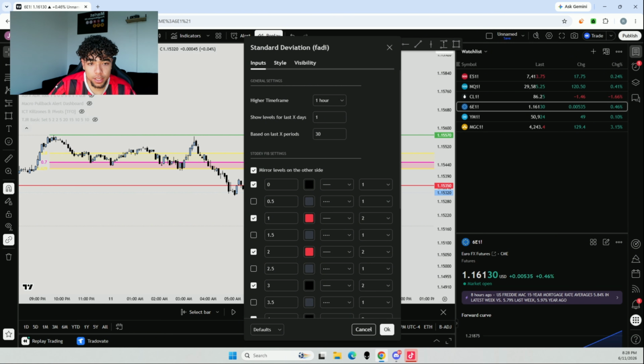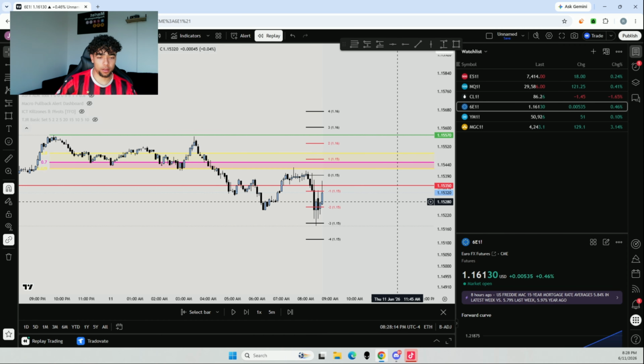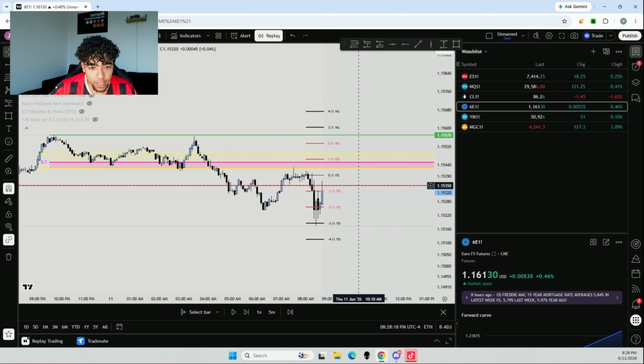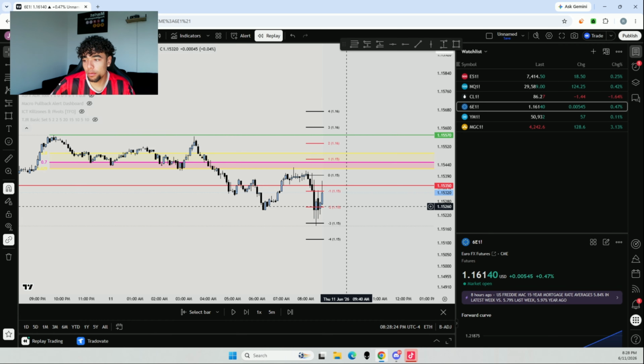So if you want to copy the settings, I got these settings from the developer. He kind of gave me the best settings for day trading, and so I've literally gone on people's lives who teach standard deviation, and these levels are accurate. It updates whenever the new swing high or swing low happens. It really just updates in real time.